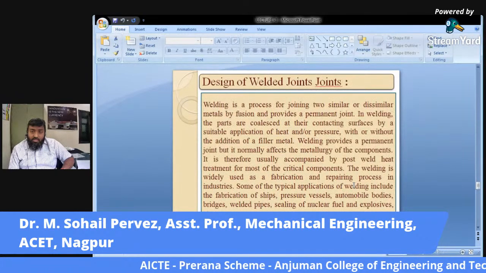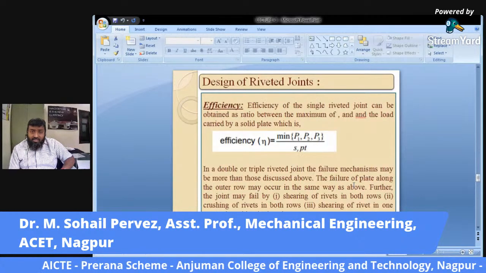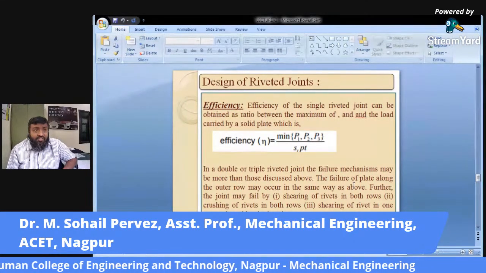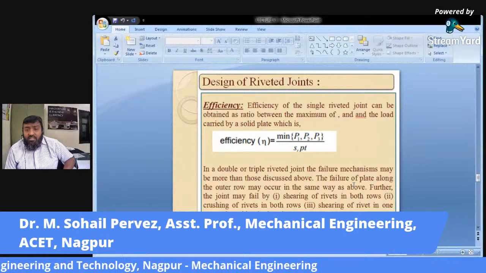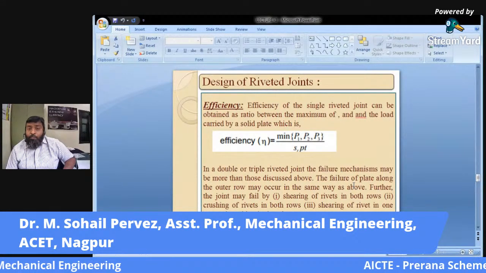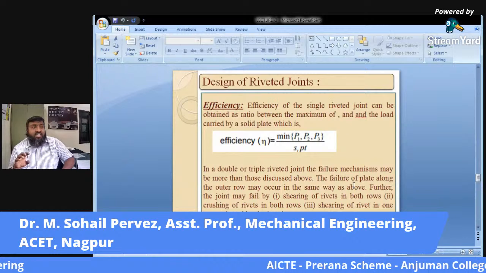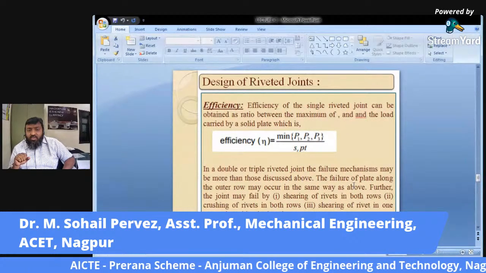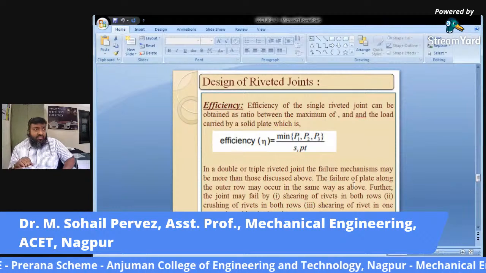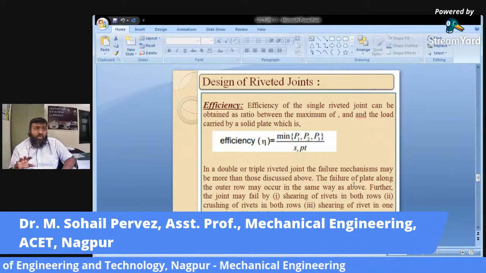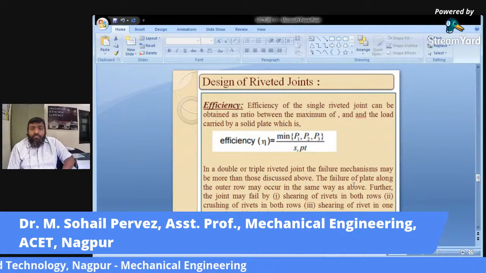Now, as far as numericals, as far as the different types of riveted joints, I just wanted to add one thing here. Eccentrically loaded riveted joints are there. And these joints are nothing but the eccentrically loaded bolted joints.